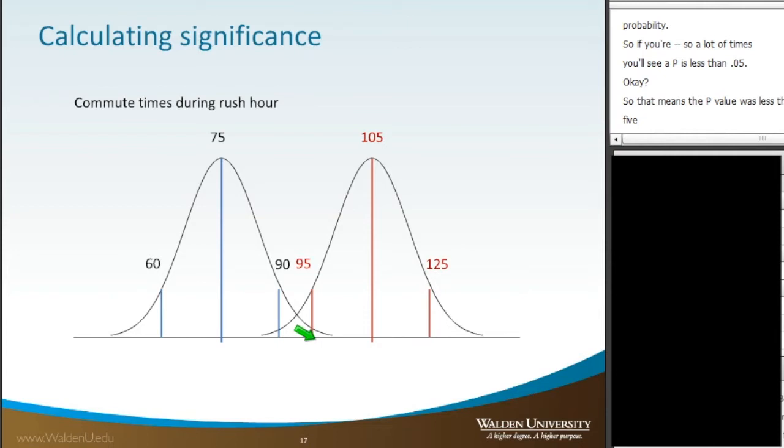When you're looking at a confidence interval, if 0 is in the range, and the only way 0 can be in the range is if the lower number is a negative number and the upper number is a positive number, then there's no difference. If 0 is not in the range, because you have either 2 negative numbers or 2 positive numbers, then there is a difference, and you would reject your null.